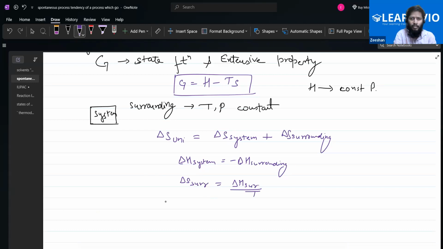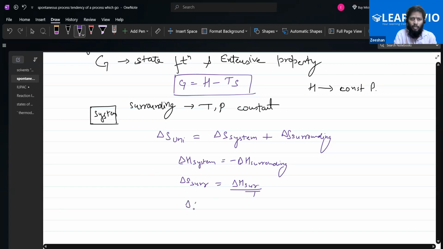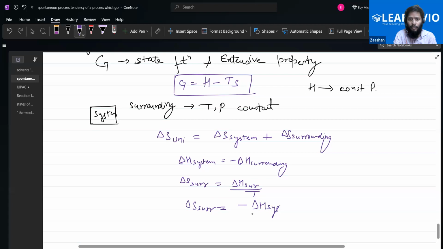Are you getting it? So for delta S of surrounding, we are replacing this with this one. Delta H of surrounding is minus delta H of system, right?